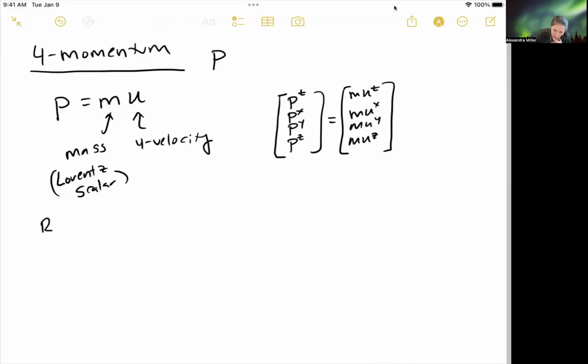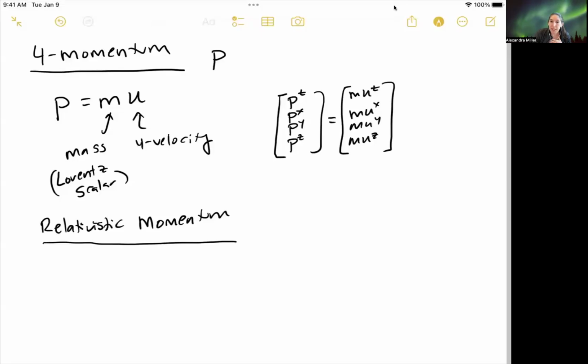So this is relativistic momentum. This is made up of the spatial parts of our four momentum. So we're just going to focus on our spatial components. So we have P sub x, which is m u sub x.